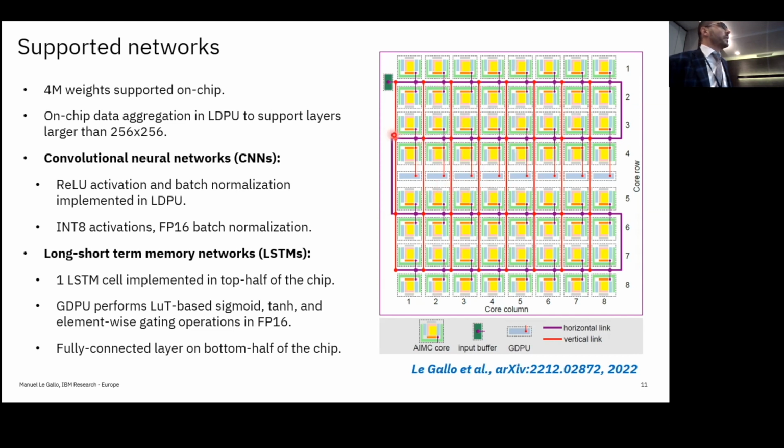It doesn't have to use all the cores, but you still have to put the LSTM here, and then connect the output of the LSTM cell to the GDPU so that you can do the activations and the cell state computation. What we can do with the bottom in this case is put the fully connected layer.